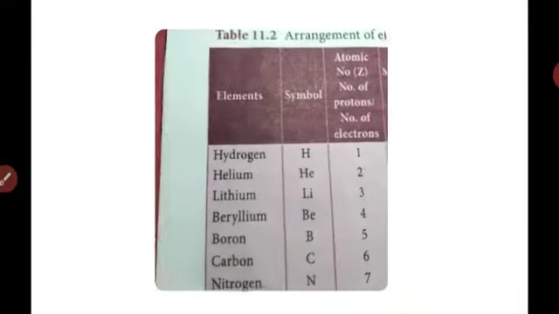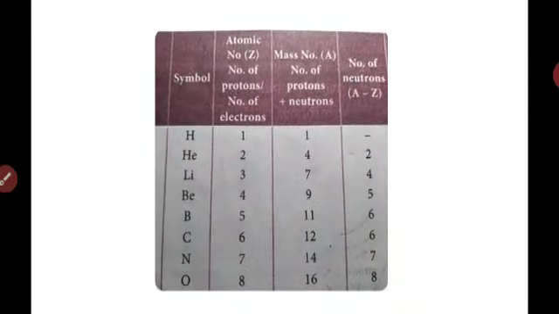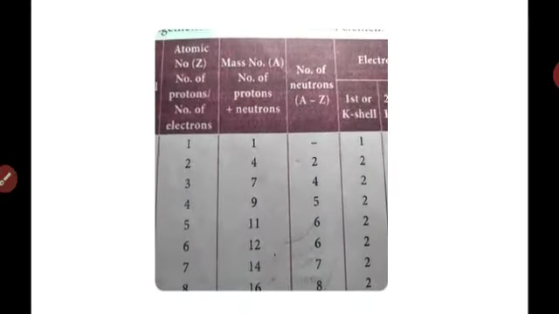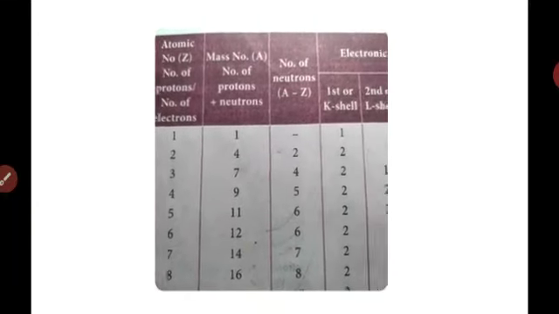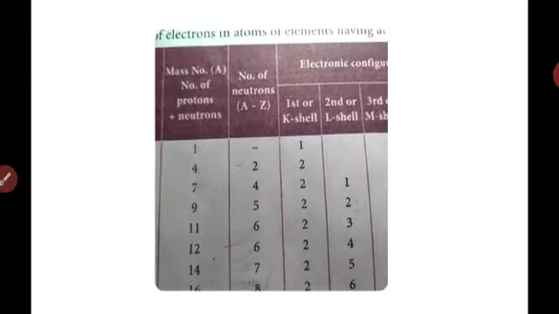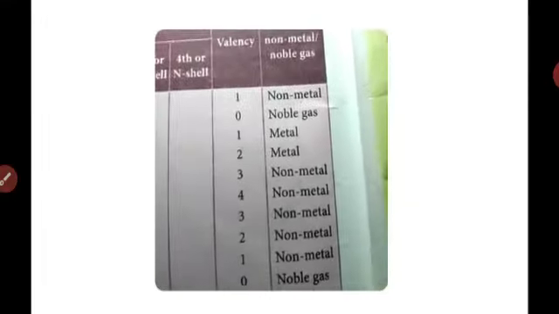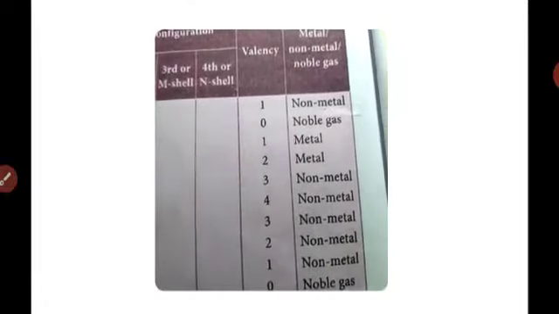The second, helium, symbol He, number of protons 2 and number of protons and neutrons 4. Number of neutrons 4 minus 2 equals 2. Only the first shell is present and valency is 0.